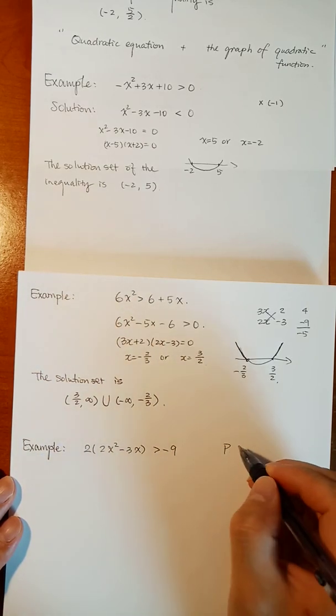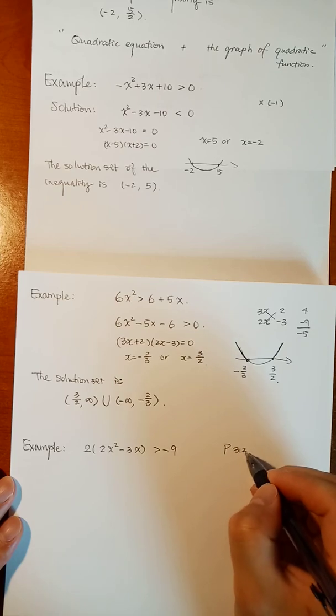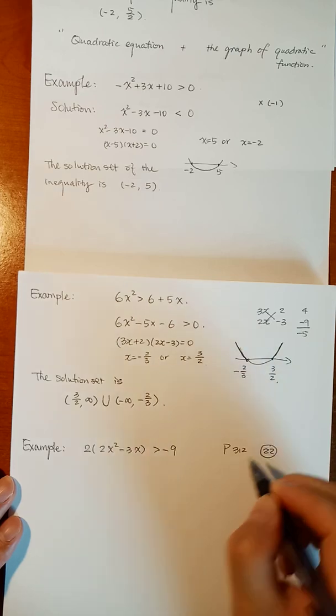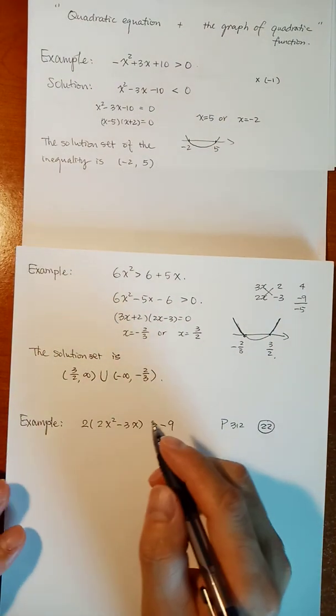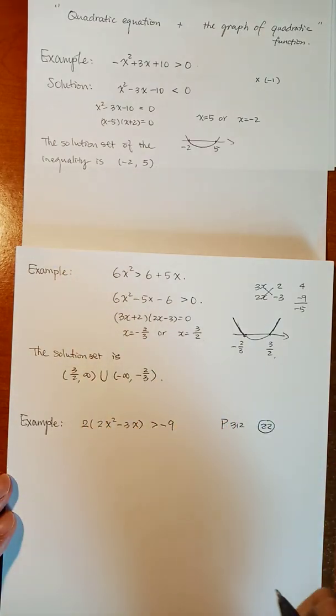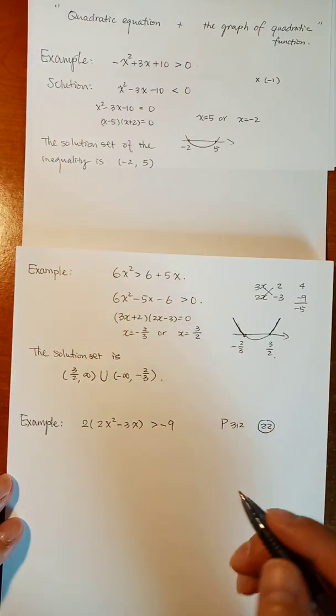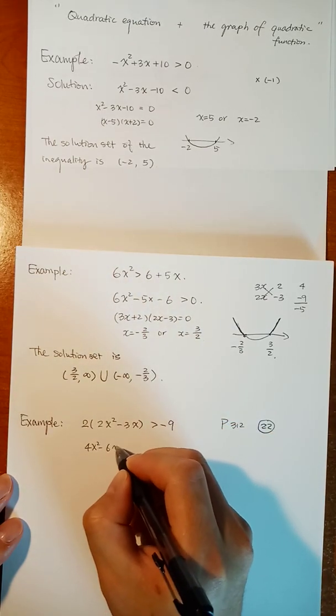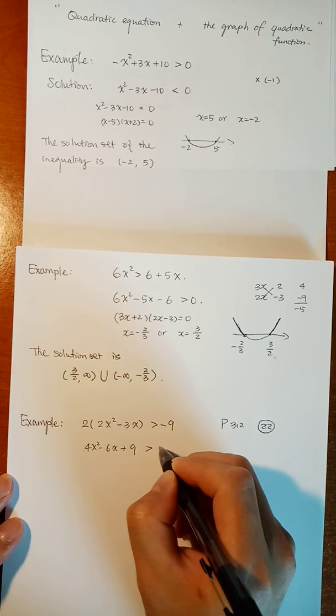This is a problem on page 312, problem 22. Okay, so the first step, we organize this inequality into the standard form. So it's 2x squared minus 3x plus 9 is greater than 0.